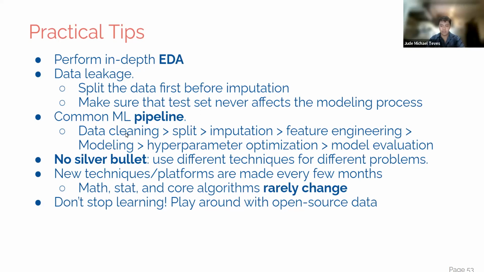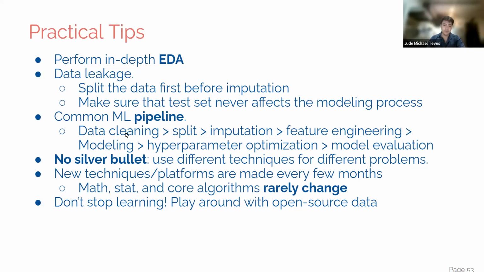Just make sure that you scale it because other machine learning models do require that you scale the data first. And it's so easy to scale it back. So the best practice is to just scale it. Okay, so after doing the scaling, you do the modeling, and then you do some hyperparameter optimization, and finally your model evaluation.